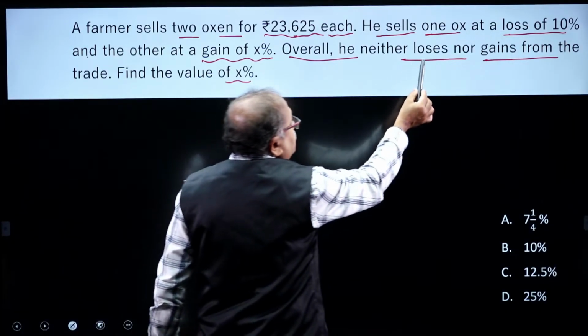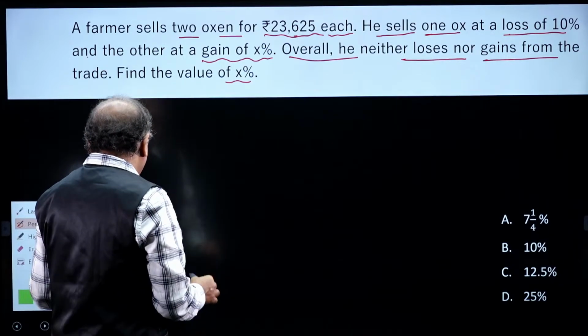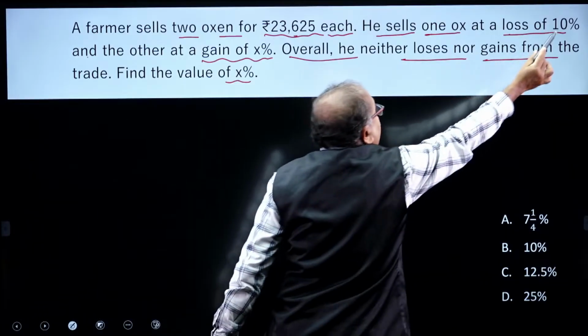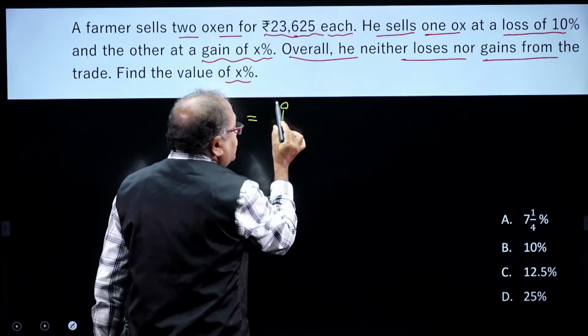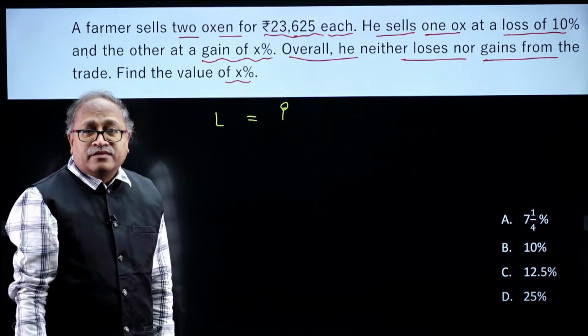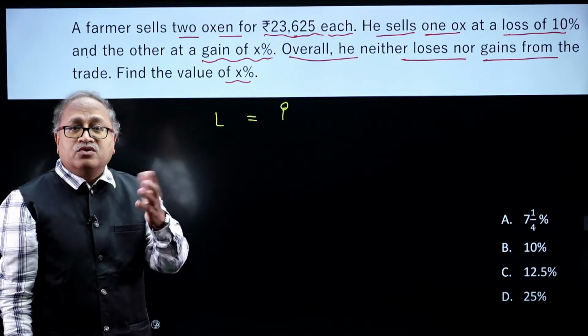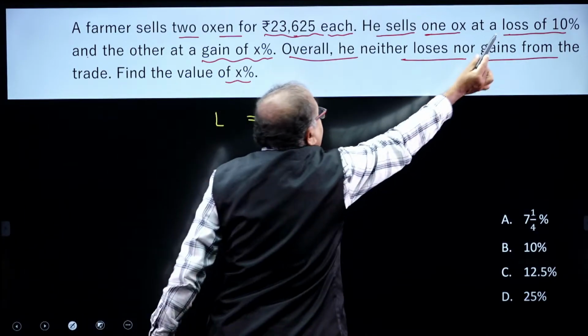Overall, he is neither losing nor gaining. That means whatever he loses, here 10%, whatever is the loss, that will be equal to the profit. Then only overall there is no loss, no profit. So, what is the loss over here?